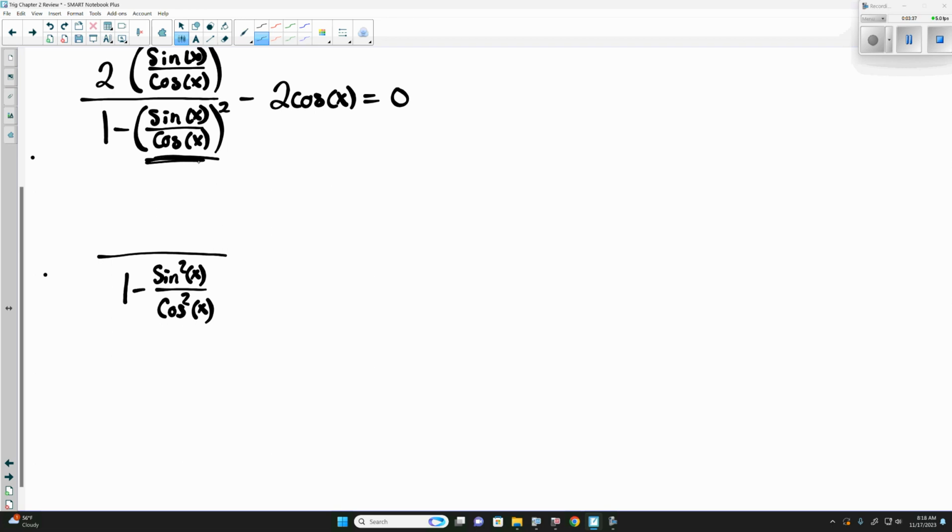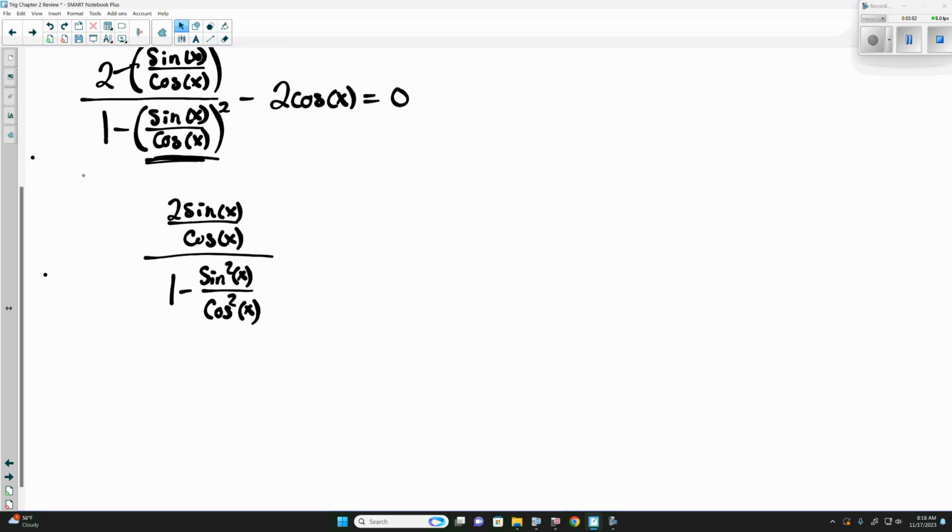The numerator, when we multiply by 2, it is just applied to the numerator. So we have 2 sine of x over cosine of x, minus 2 cosine of x is equal to 0.